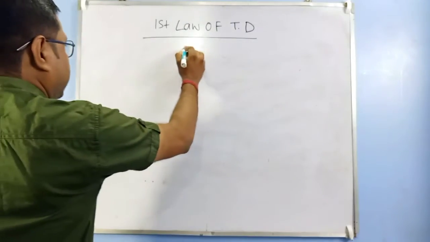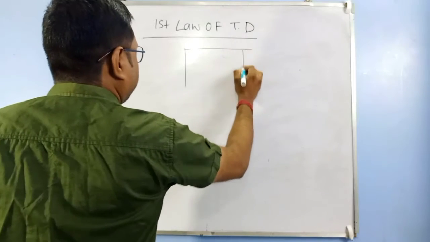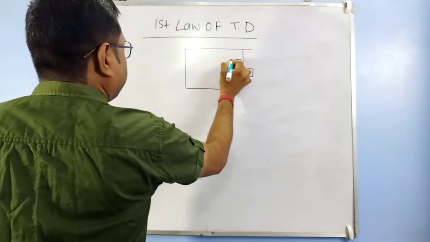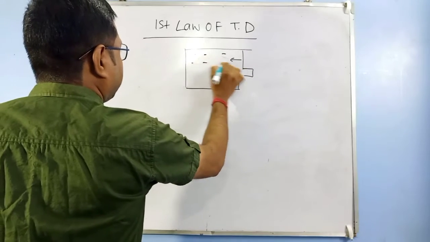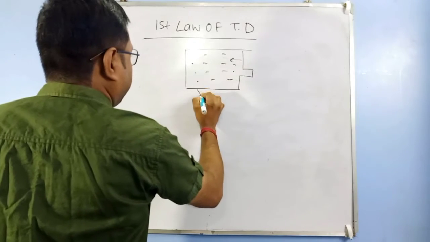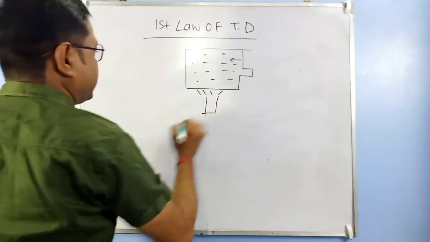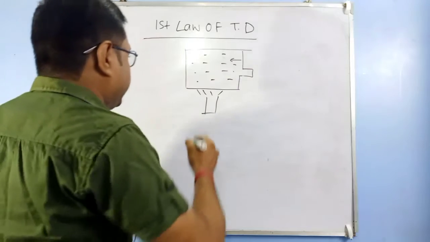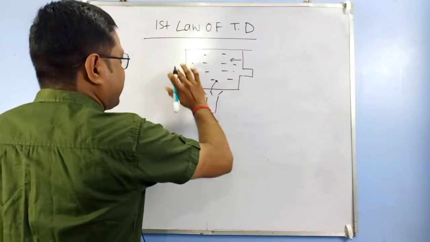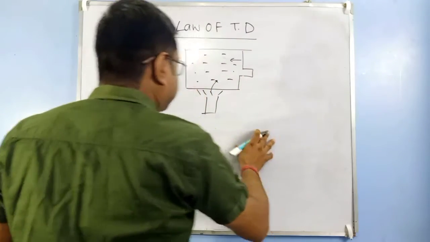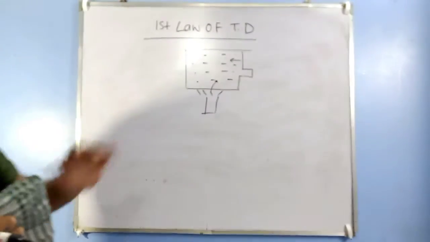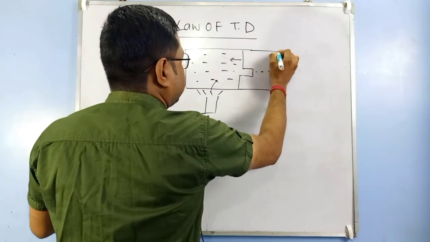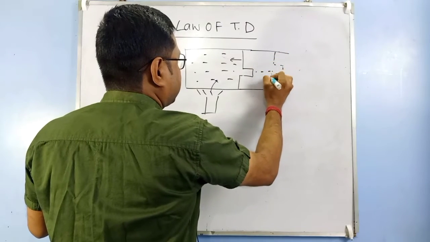That is, in the practical case, the piston is moved inside and the gas is heated from outside. The two processes will simultaneously occur. As the gas is heated from outside, it expands, that is, the piston goes from this position to the outside position.